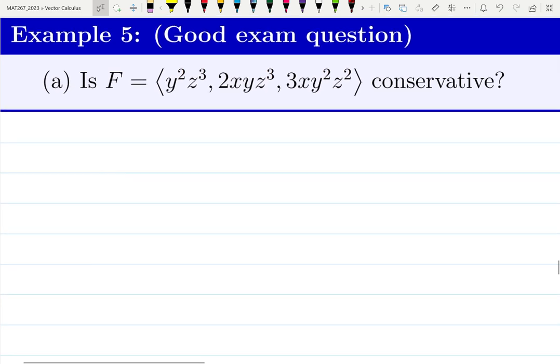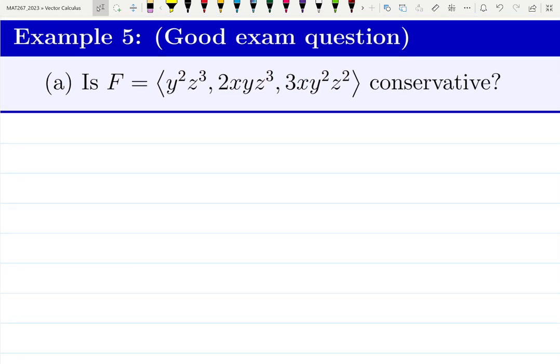If F is y squared z cubed, comma, 2xyz cubed, comma, 3xy squared z squared. This field, question A, is this field conservative? You just need to start calculating this determinant. Cross products again, because it's a cross product, we remember how to do it using determinants.